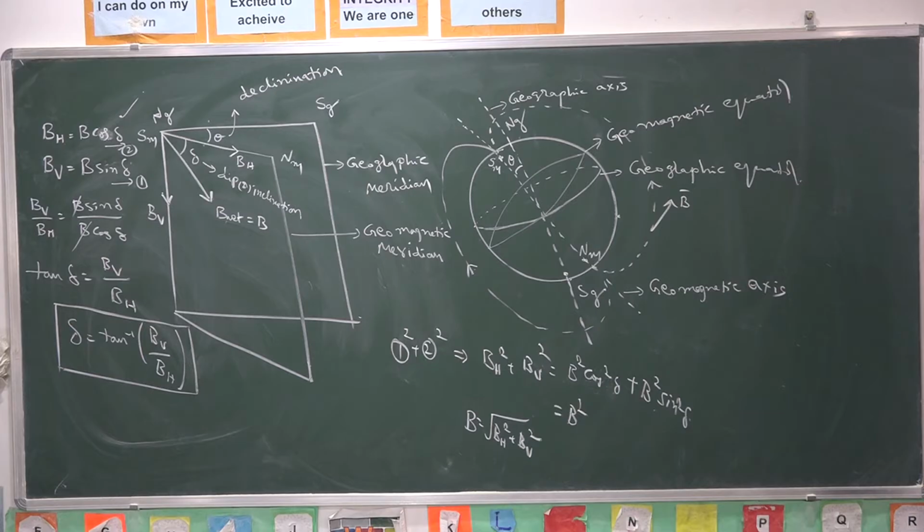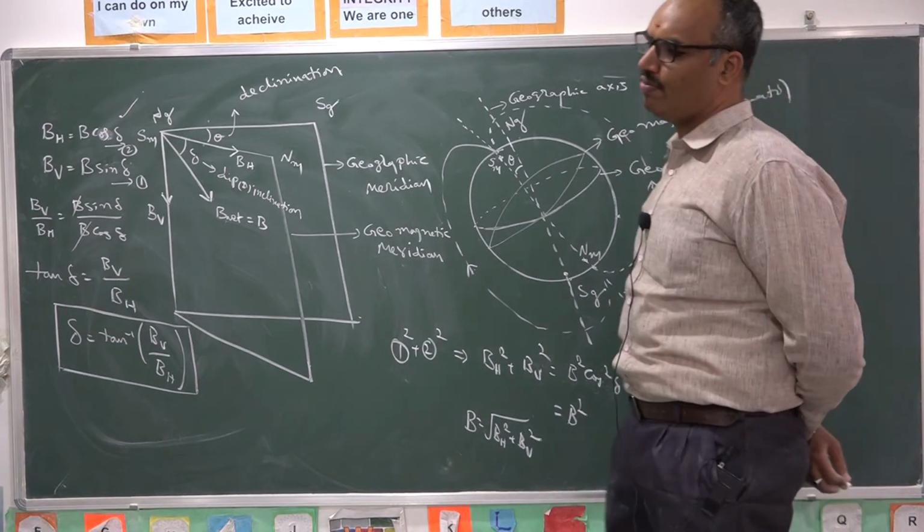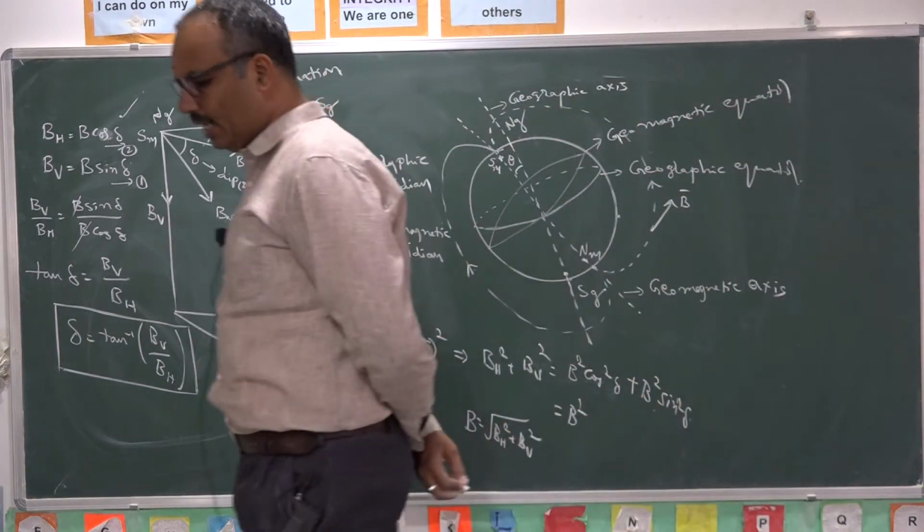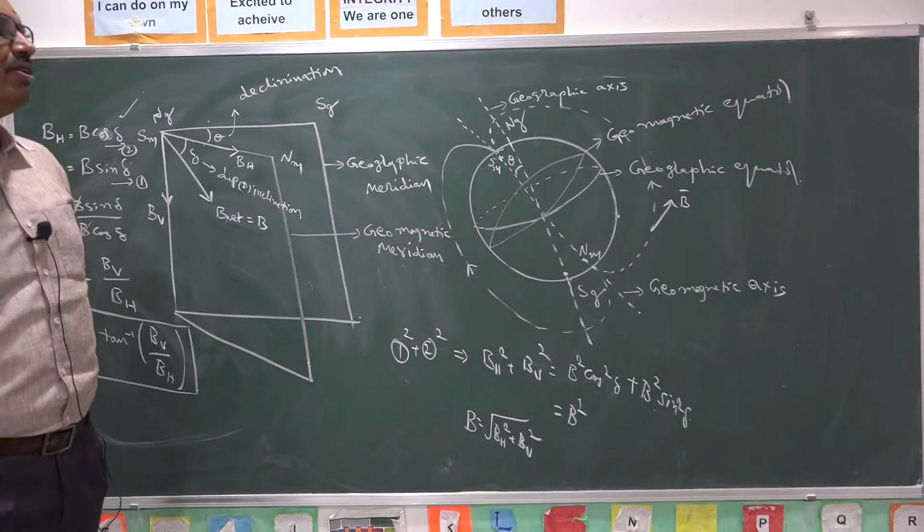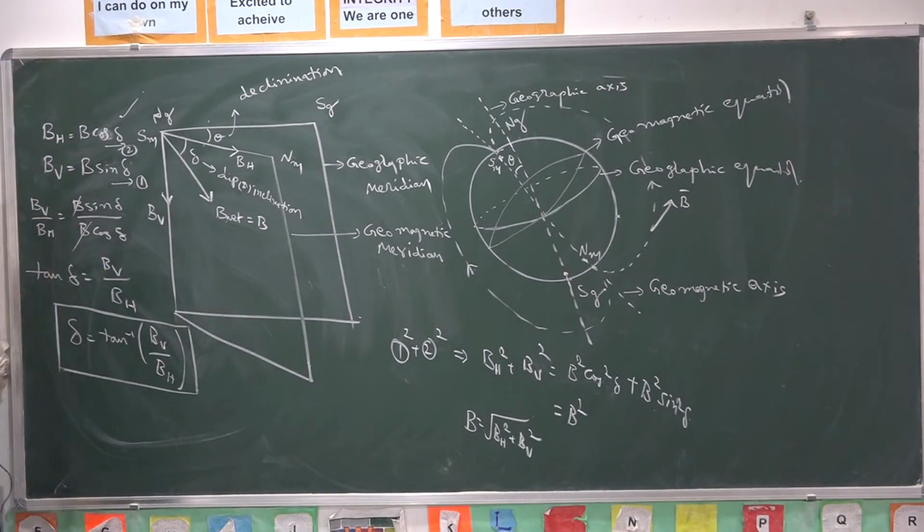To understand the behavior of Earth's magnetic field at a given place, we need the elements of terrestrial magnetism. What are the elements of terrestrial magnetism? Declination, inclination, and the horizontal component of Earth's magnetic field. Magnetic declination is the angle between the geomagnetic meridian and the geographic meridian.